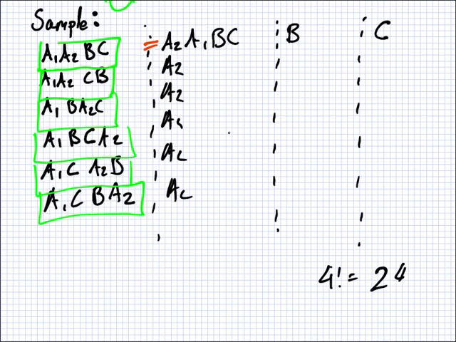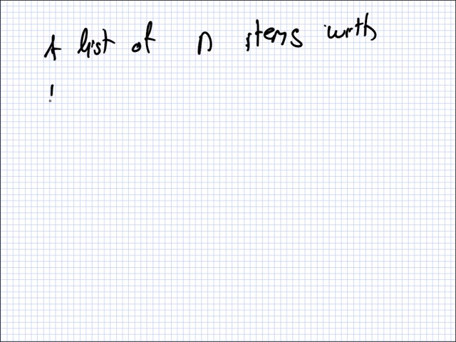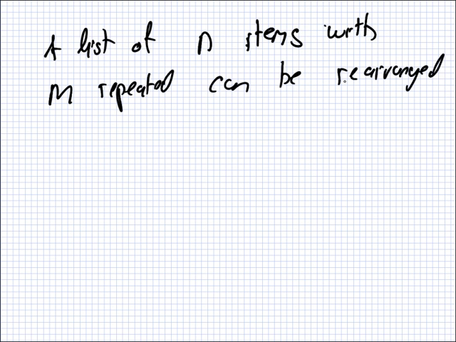So this example kind of gives us the next rule. If you have a list, but some of the items are repeated, so maybe you have a list of n items with m repeated, it can be rearranged in n factorial over m factorial ways.